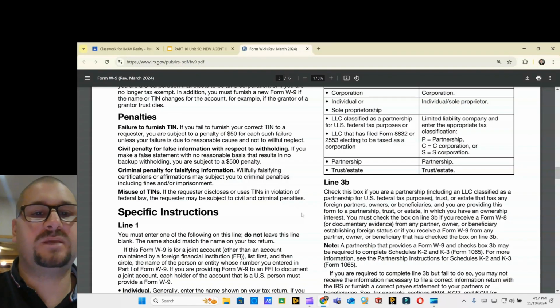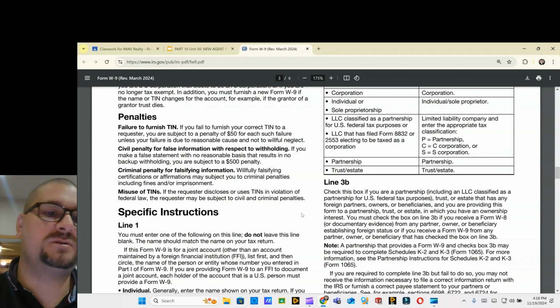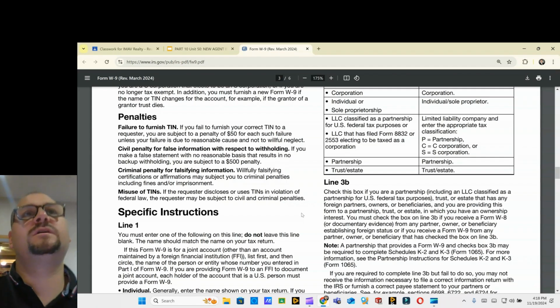If you make a false statement with no reasonable basis that results in no backup withholding, you are subject to a $500 penalty. Criminal penalty for falsifying information. So willfully falsifying certifications or affirmations may subject you to criminal penalties, including fines or imprisonment. So if you give fake information, you can go to jail.